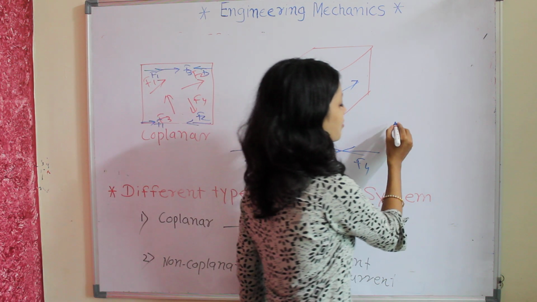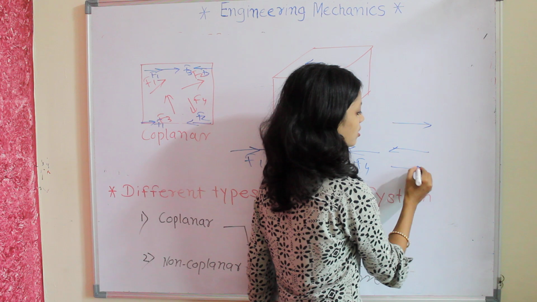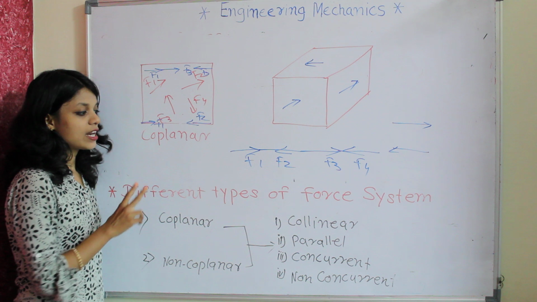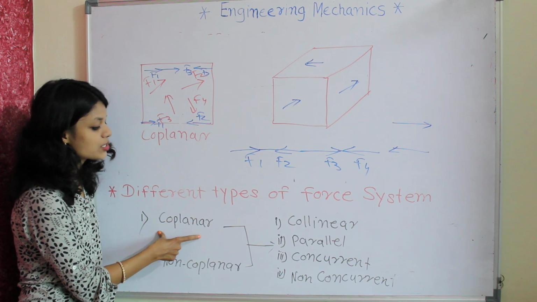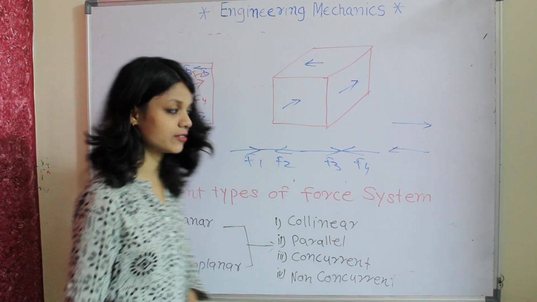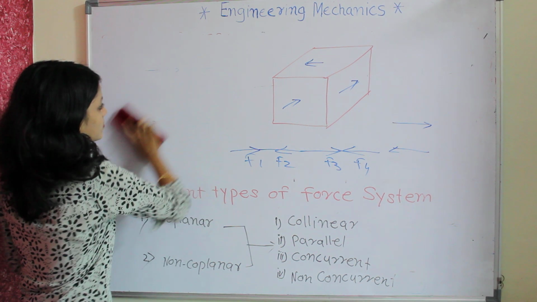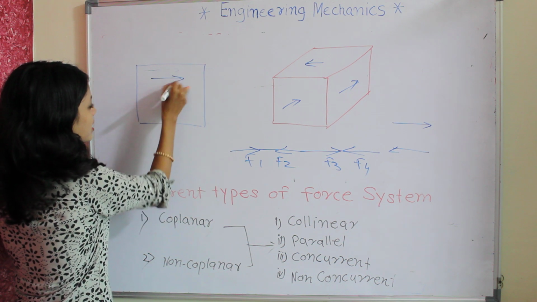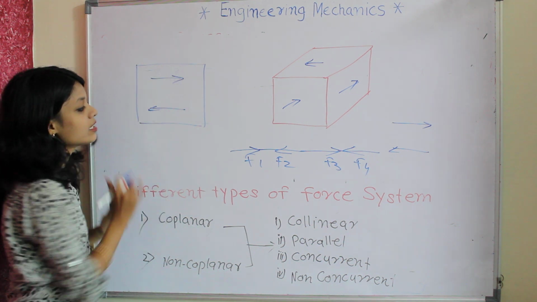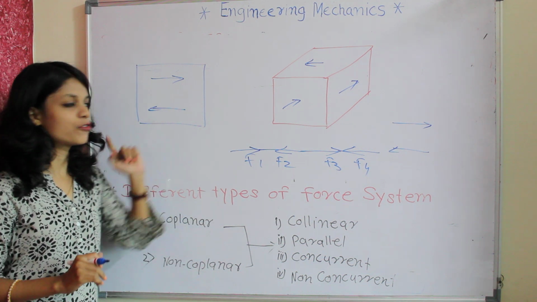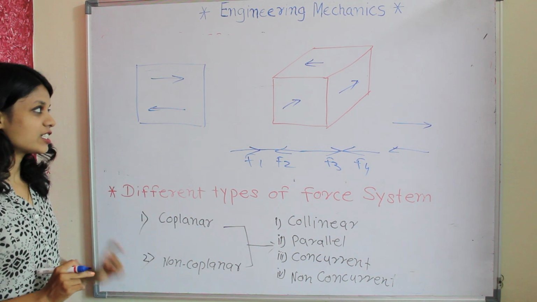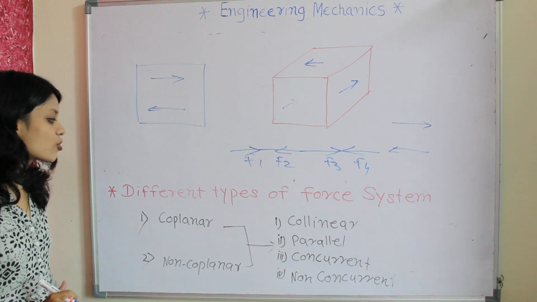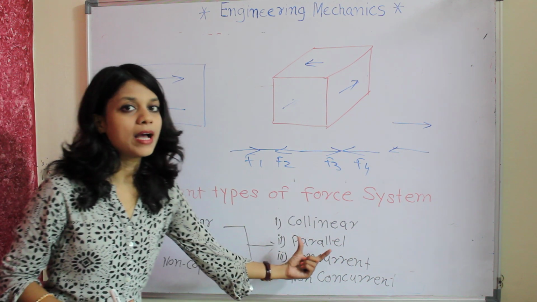Next are parallel forces. Parallel forces means if two forces are parallel to each other, then they are called parallel forces. And if parallel forces lie in the same plane, then they are called coplanar parallel forces. And if two forces lie in different planes and are still parallel to each other, then they are called non-coplanar parallel forces.